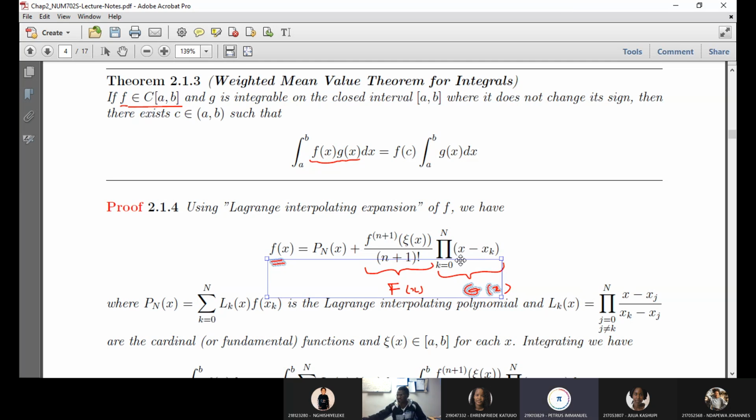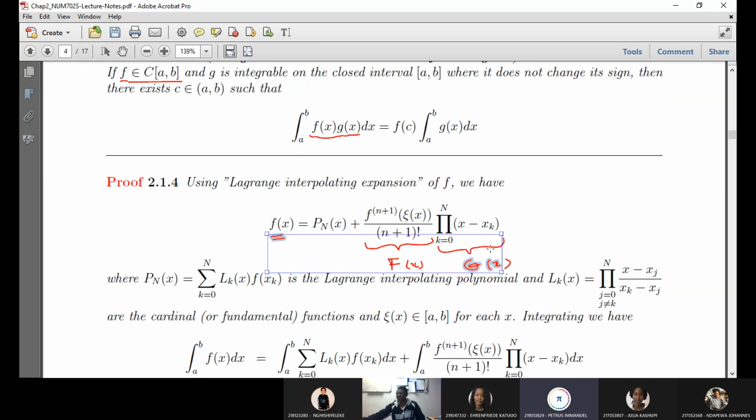And here you have this. If you look at this, you see it's a polynomial, right? x minus xk, where k runs from 0 to n, is a polynomial. And we know that a polynomial is integrable. You can integrate a polynomial, always. Polynomial is an integrable function. Right. Okay. And its sign does not change also, right, by assumption in this case. Right. All right, so that is it.